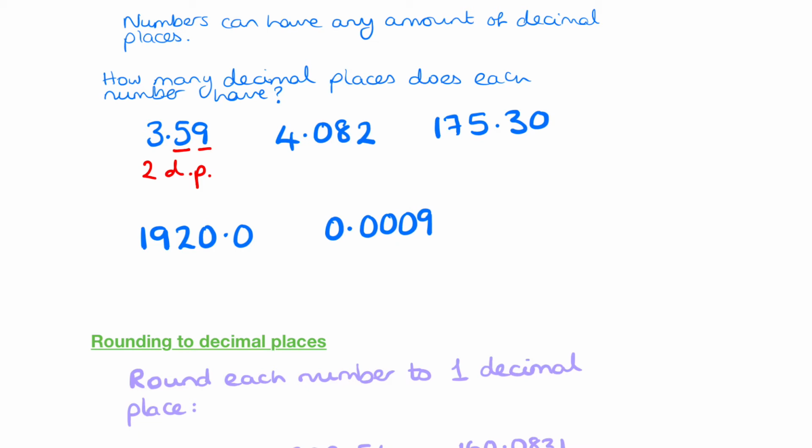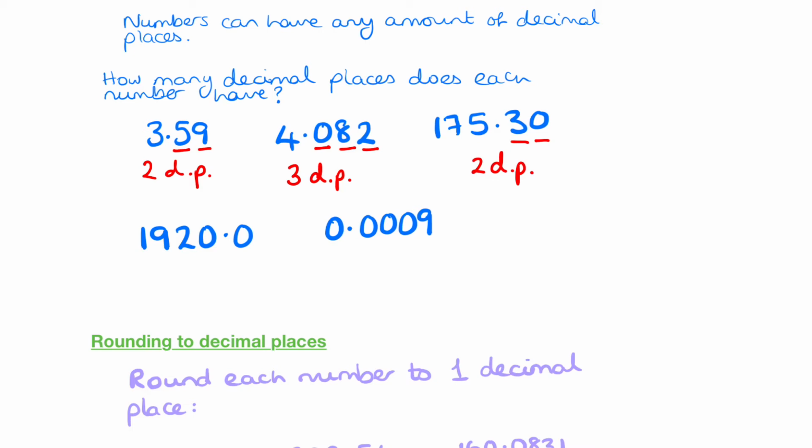The next one, 4.082, has got 3 decimal places. 175.30, it's got 2 numbers after the decimal point, so it has got 2 decimal places, and it doesn't matter that one of those is 0, it still counts as a decimal place. It's very important that we remember that zeros count for decimal places.